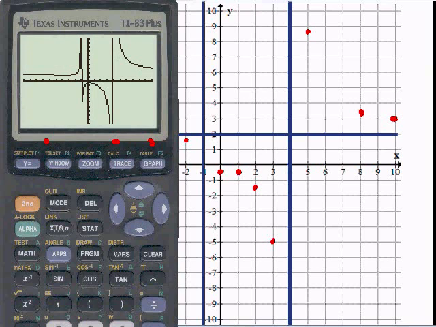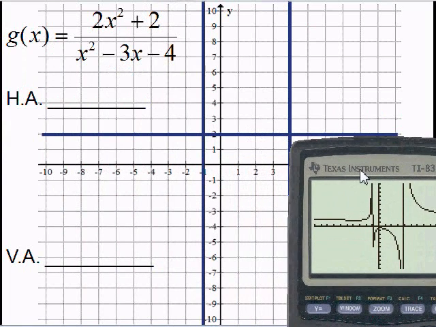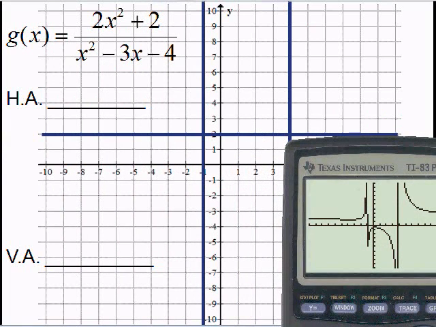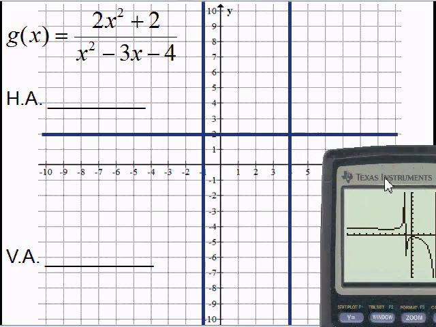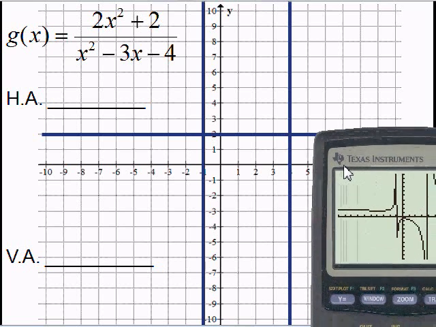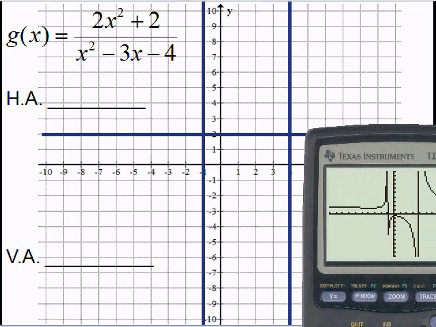I know my graph's on top of the points for the second. See if I can move that over a little bit. Okay, and we notice over here it goes through those points and then it's going to go up to the asymptote. So I'm just pretty much sketching a graph based on the picture on my graphing calculator.